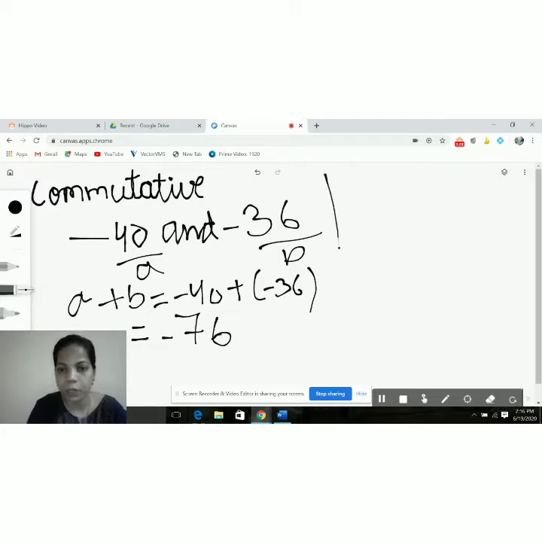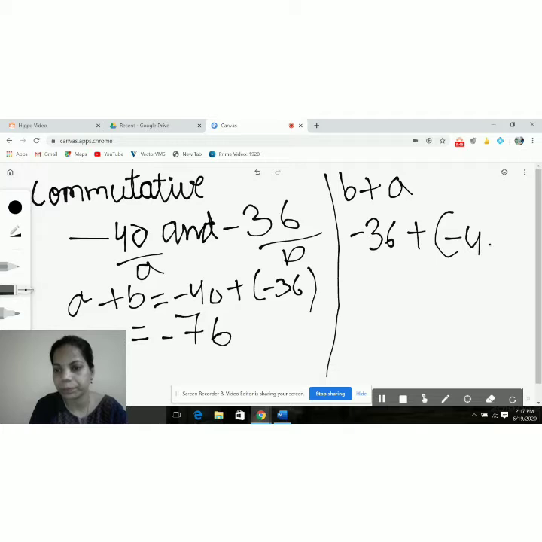Now we will do b plus a. What is b? Minus 36 plus what is a? Minus 40. So here we have two negative integers.